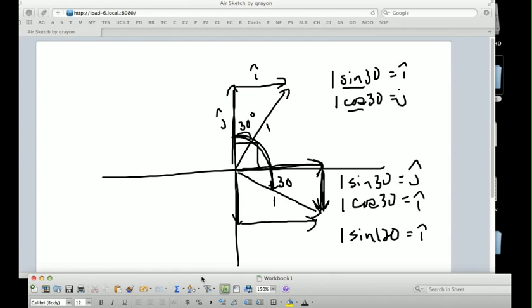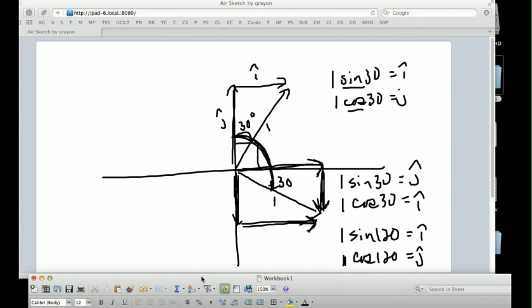And the sine of that angle, 120, is the opposite right here, so it's actually i hat. And 1 times the cosine of 120, 1 being just, I just made the magnitude 1, I mean, normally we don't do that, it's like 30 or 72 or whatever. So 1 times the cosine of 120 would actually be this side, j hat.